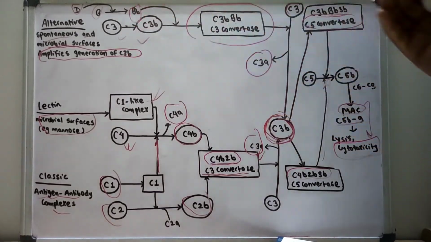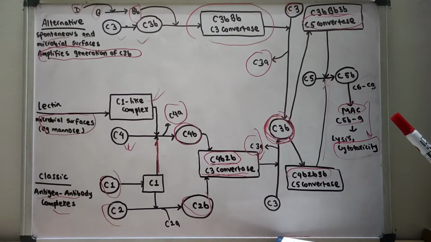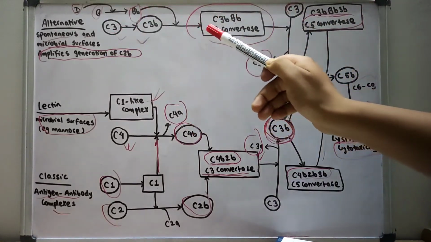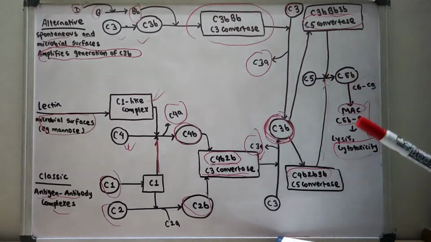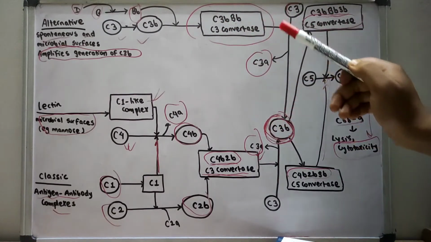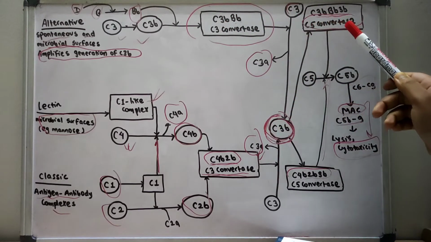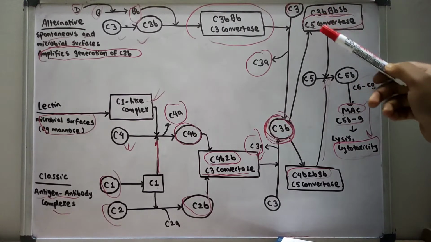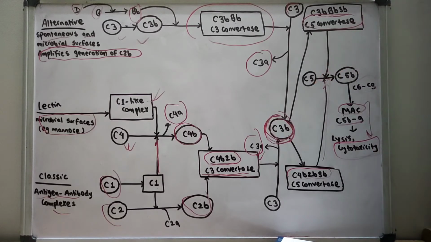The alternative pathway has its own spontaneous conversion. That means it has its own C3 convertase. The C3 convertase in the alternative pathway is C3bBb, and after the incorporation of the C3b, there is formation of the C5 convertase, that is C3bBb3b. This C5 convertase helps to convert C5 to C5b, thereby forming the membrane attack complex.